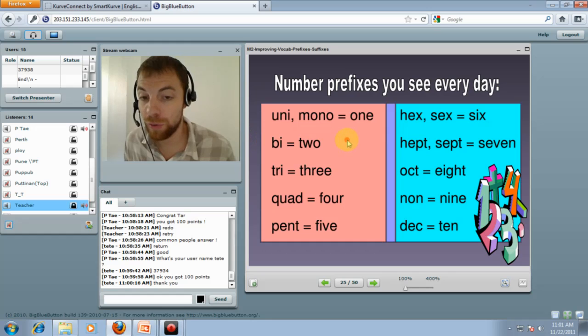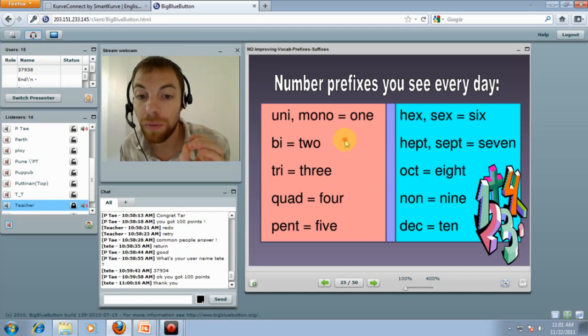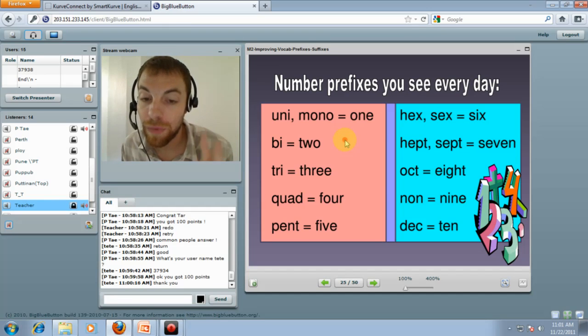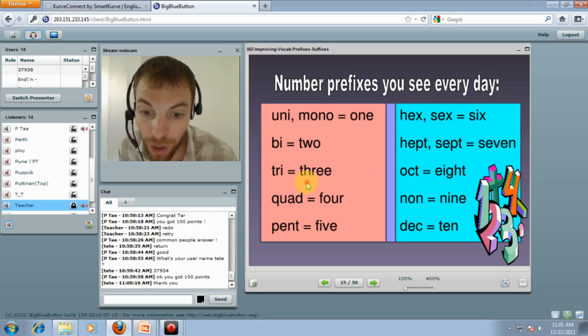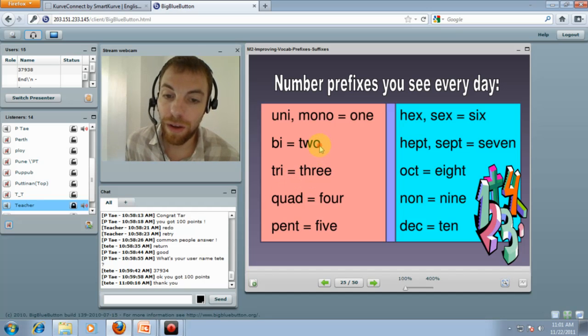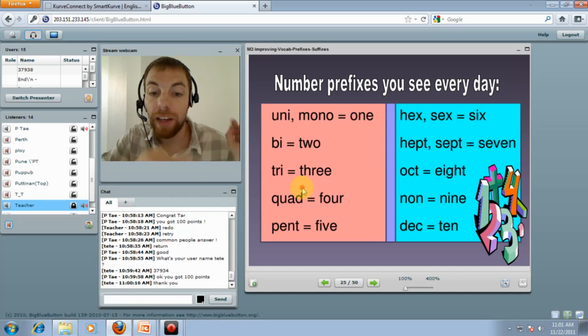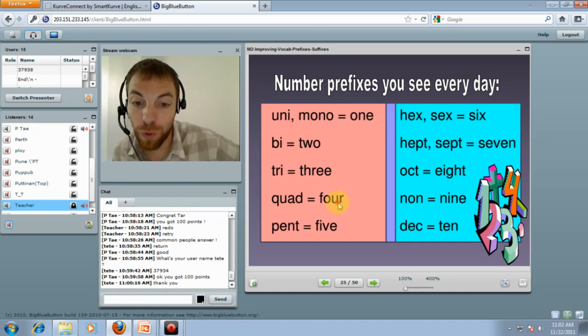Bi means two, like a bicycle, two wheels. Cycle is wheel, bi is two. So, next, tri. Tri means three. A tricycle, or a trident, or a triangle. Three sides, tri. Quad is four.